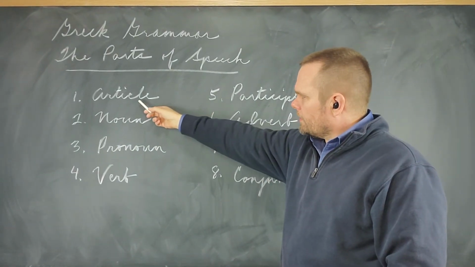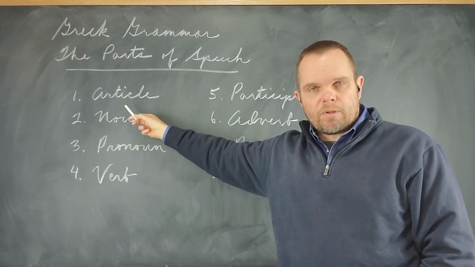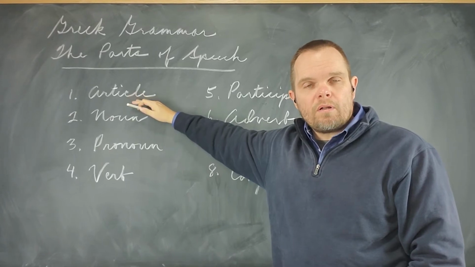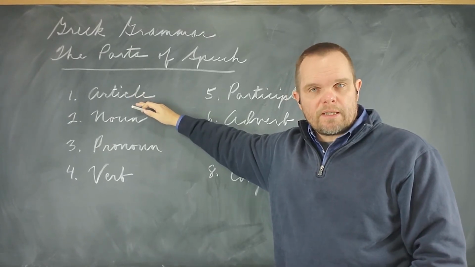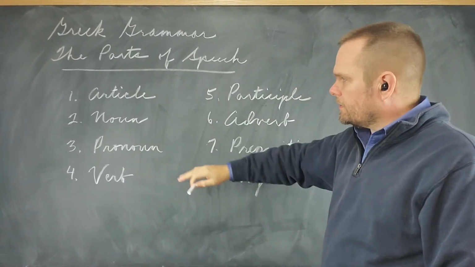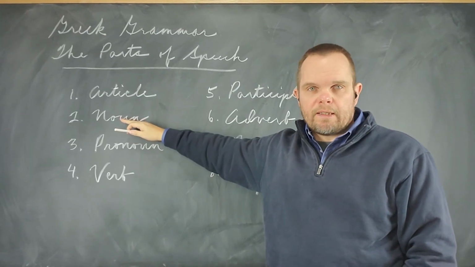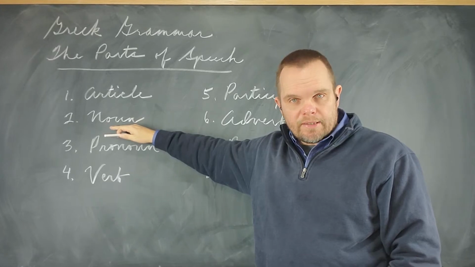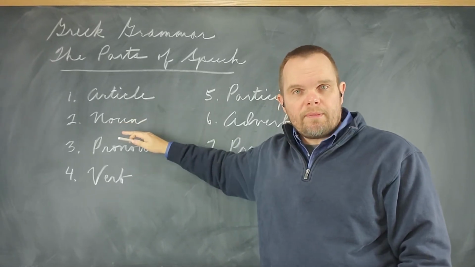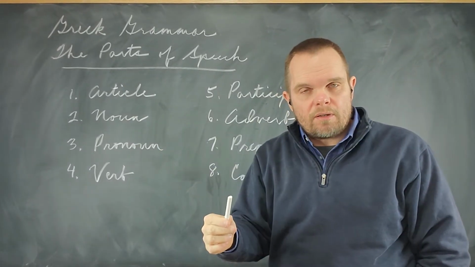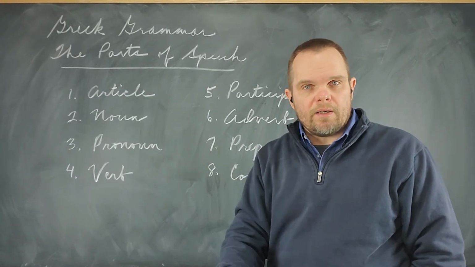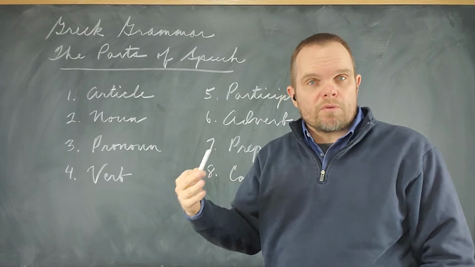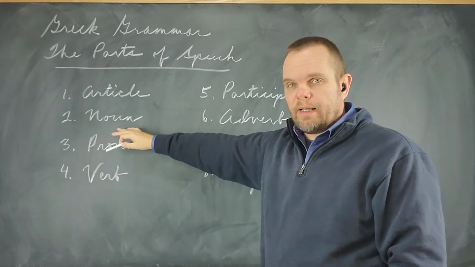When we study the characteristics of each one of these classes, we then know something about all of the words that belong to that class. So if there are 10,000 Greek nouns, when we learn the characteristics of a noun, we know something that's essential about every one of those words in the class of nouns.